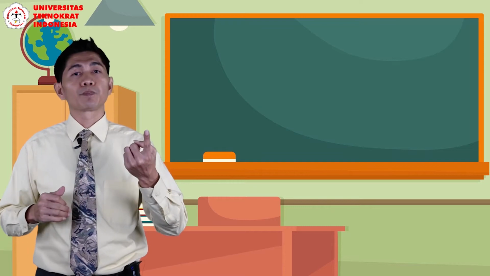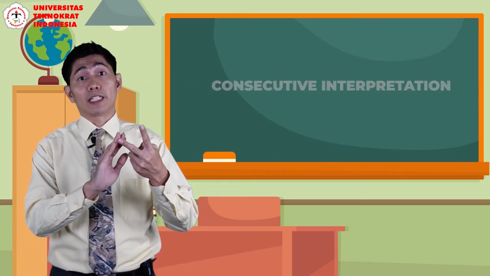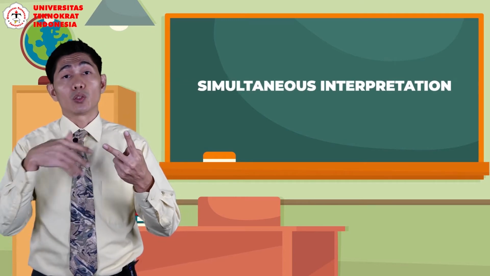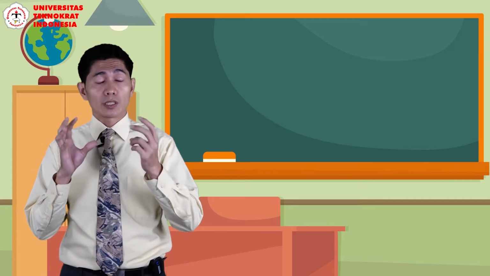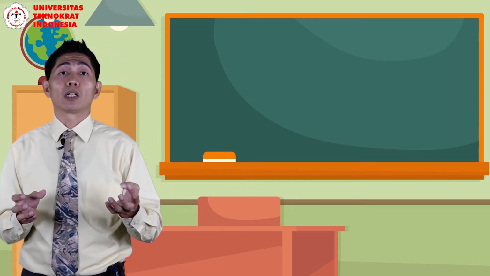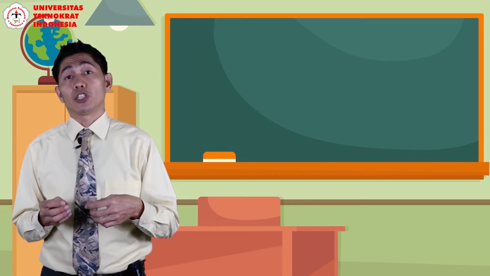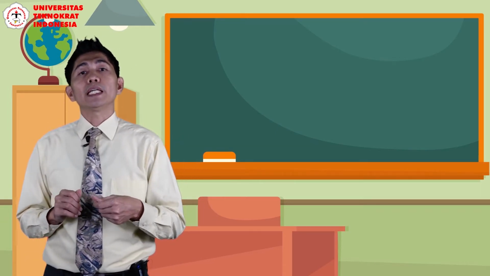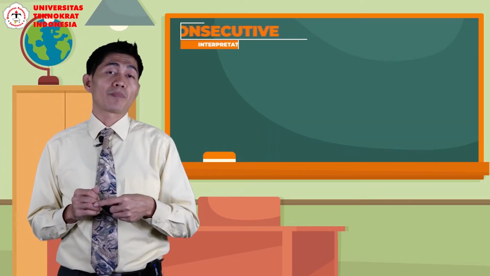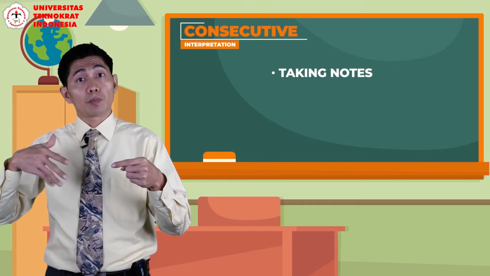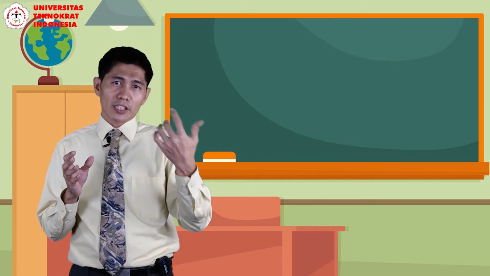There are two well-known techniques in interpretation. The first one is consecutive interpretation, and the second one is simultaneous interpretation. Although this video is more about consecutive interpretation, because this is an introduction, we're also going to talk about simultaneous interpretation.